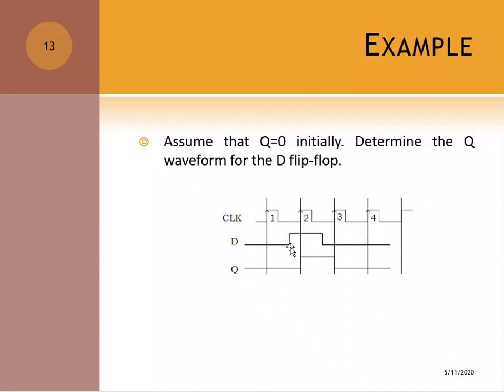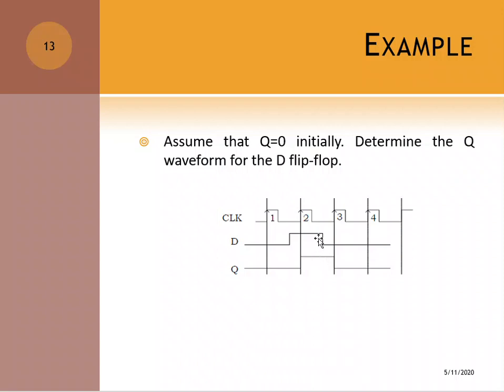Then in the middle of clock 1, D has been changed to 1. As you can see, Q will not follow D because it is in the middle of the interval. Q will be 1 only when clock 2 is activated.